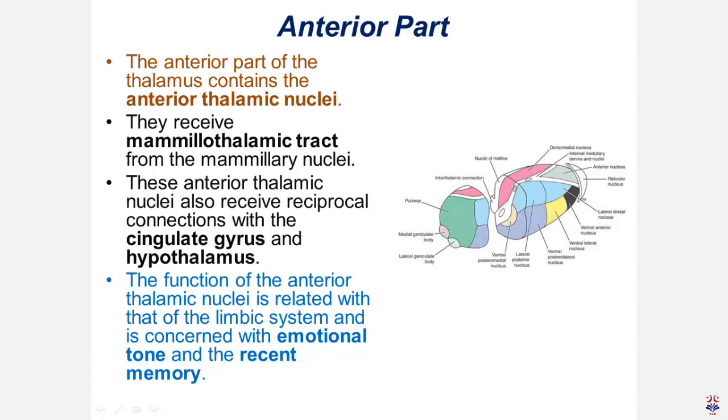So fibers go from the thalamus to these two structures and come from the cingulate gyrus and the hypothalamus. The function of the anterior thalamic nuclei is related to that of the limbic system and is concerned with emotional tone and recent memory.